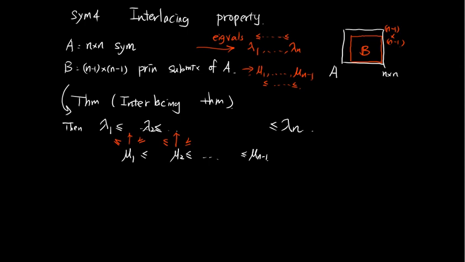And that's why we call that interlacing. Interlacing is like a 交错. So you see, this is a property that can be easily described, and it's so elegant. If you pick the matrix A and then pick one of the principal submatrices of order m minus 1, then their eigenvalues will have this kind of interlacing property, just alternating between lambda and mu's.